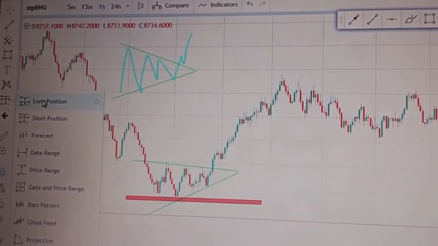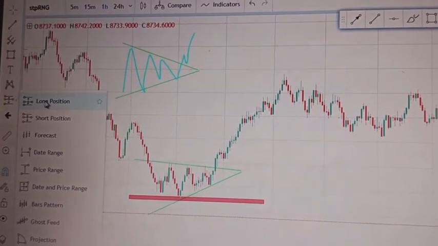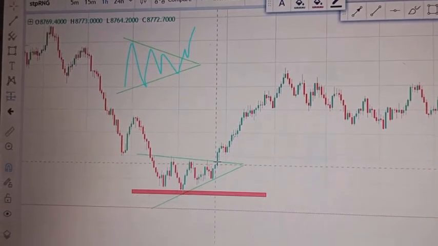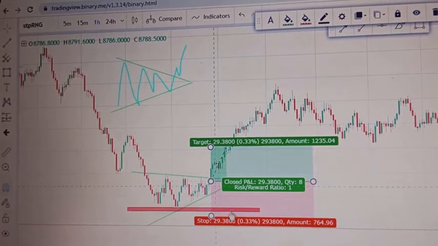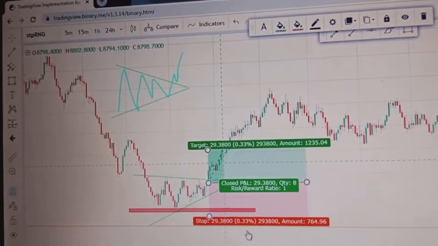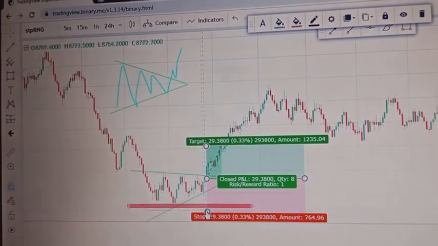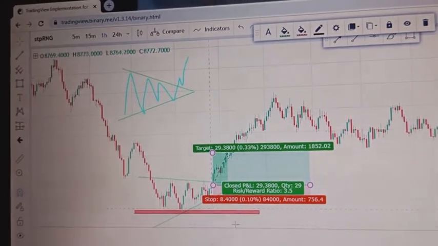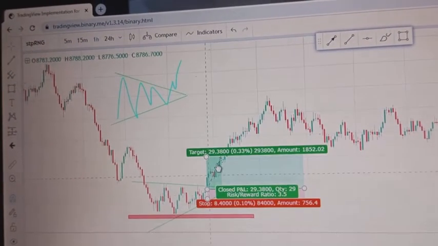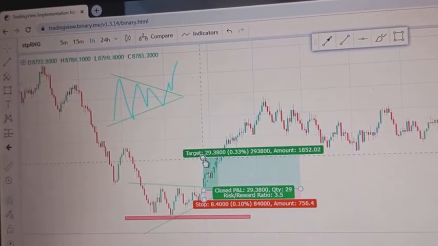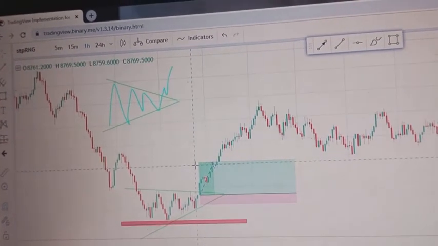Because it's a buy, you pick the long position and place it at the top of this. Can you see the estimated profit that it is giving us from this breakout to here? That is where you will exit.